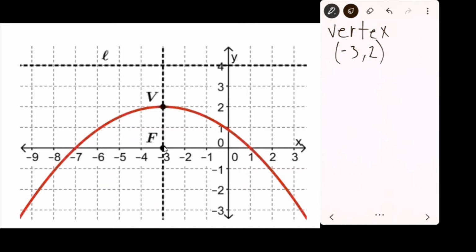And we have the focus. So our focus will be negative 3, 0.